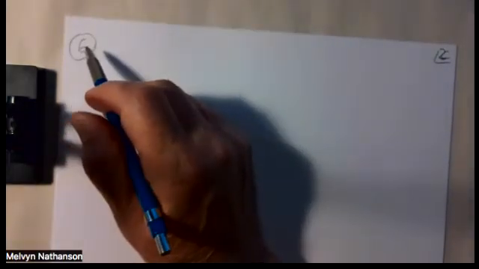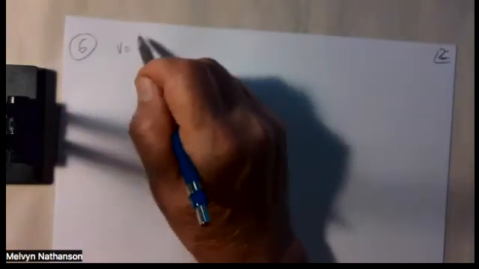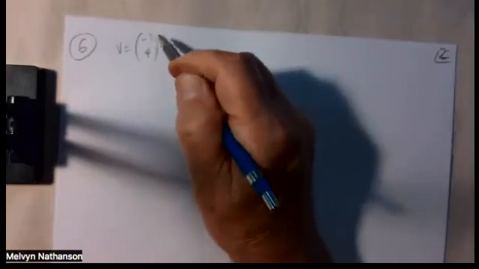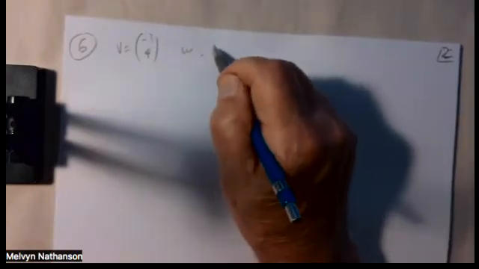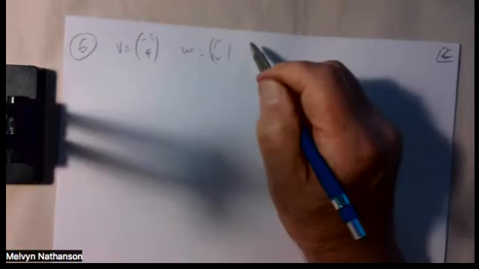So problem 6, we have the following vectors in R2. V is -3, 4. W is 5, 12. And U is -7, 0.